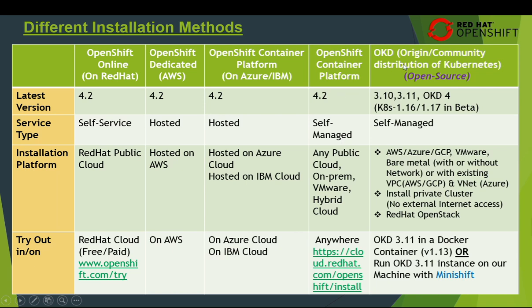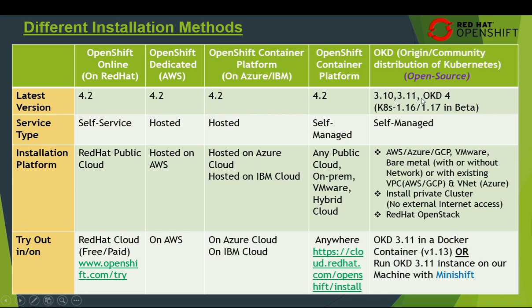And then we have OKD, which is a community distribution of Kubernetes, also known as Origin, which is an open source distribution, but all these are Red Hat supported. Okay, so on all the Red Hat supported platforms, we have the latest version. It was 4.2, but recently they have launched 4.3 as well.